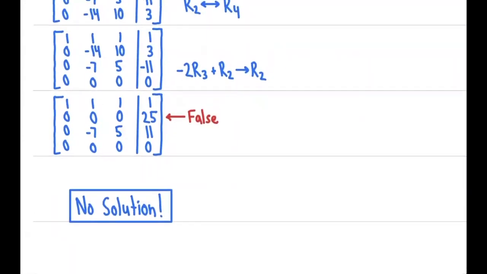But the reason why I made this specific example is because if you have something like 0 equals 25, then that will always yield no solution. But if you have 0 equals 0, that doesn't always mean you're going to have an infinite number of solutions. So you got to keep going to check. Yeah, you got to take every row into account. Don't call it quits just by saying that.